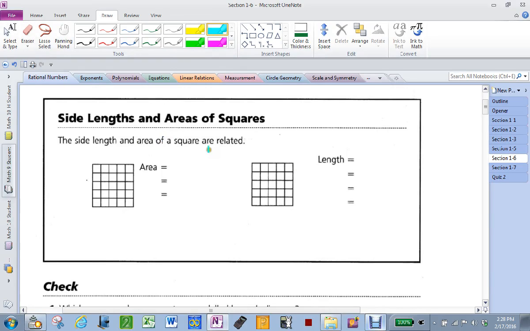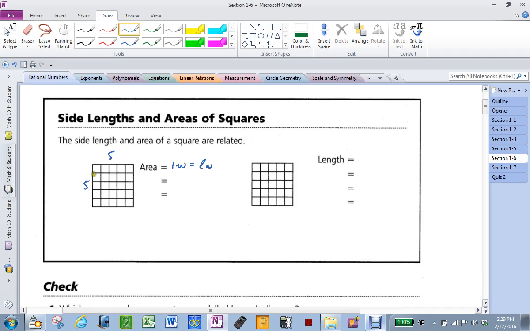So the side length and area of a square are related. The side here is 5, and this side's 5. Now you guys are well aware that the area of a rectangle is the length times the width. And in grade 9, we've started writing it as LW with no symbol between them.